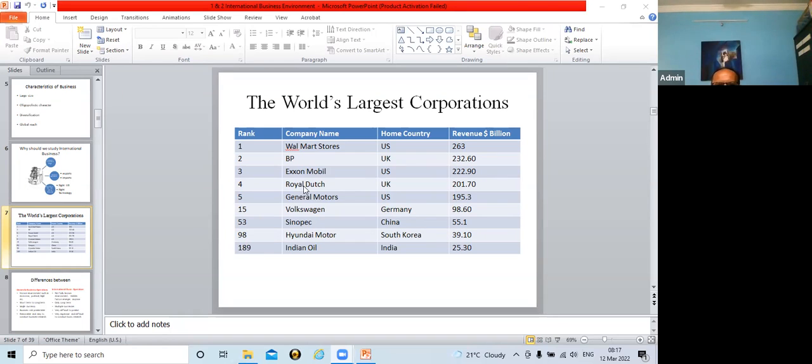And there is also a company from Germany, Volkswagen, having a business of $93.60 billion. Then from China, Sinopec, and from India, Indian Oil is the company. So these are some examples of largest corporations.